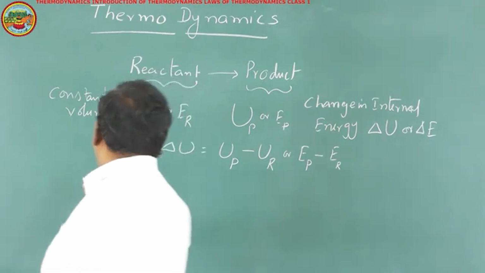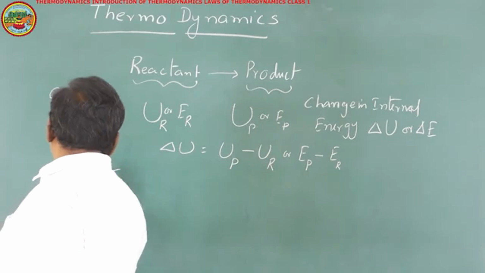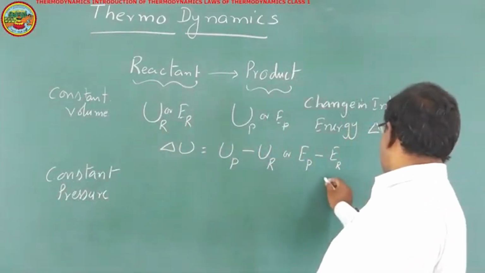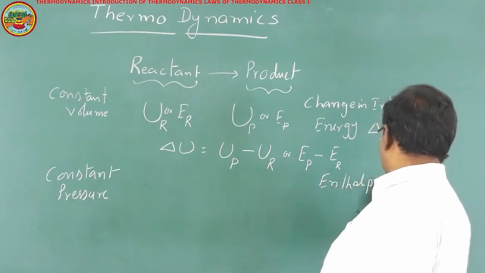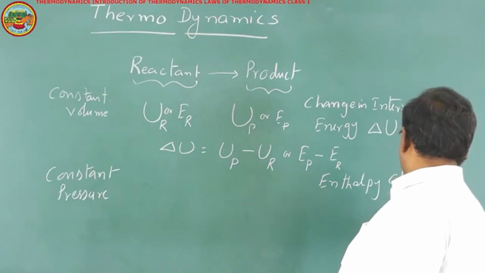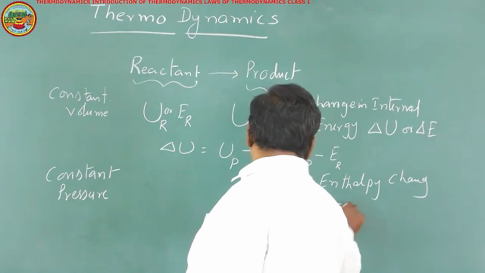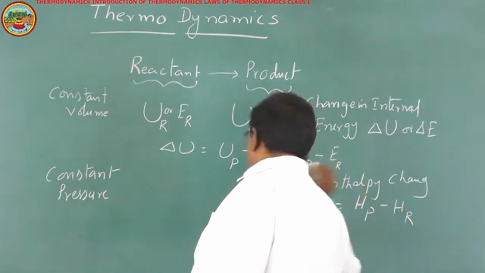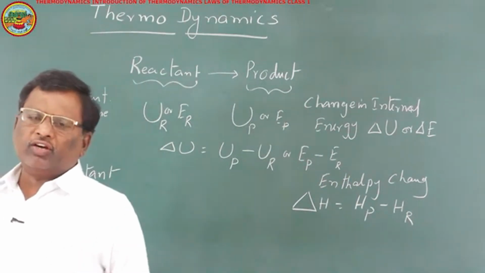If we observe the energy changes at constant pressure, then the change is said to be enthalpy change. This enthalpy change is denoted with delta H. Delta H is Hp minus Hr, where Hp is the enthalpy of products and Hr is the enthalpy of the reactants.